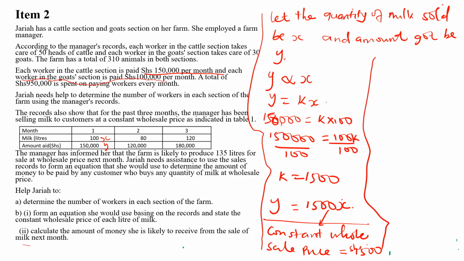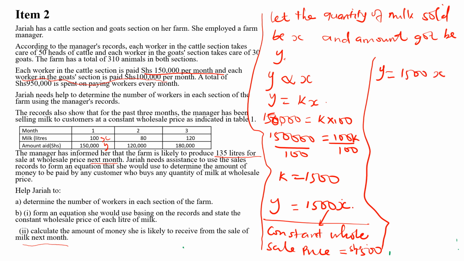So after here, don't rush. Now you ask, here they are saying the farm is likely to produce 135 liters next month. Please always learn how to interpret these questions. So come and say y is equal to 1,500x.